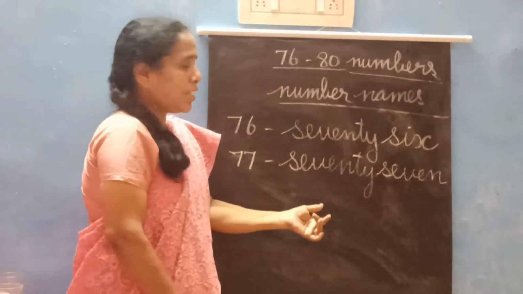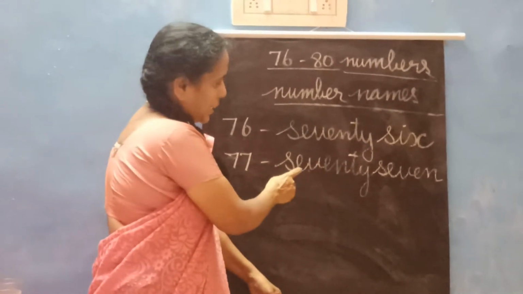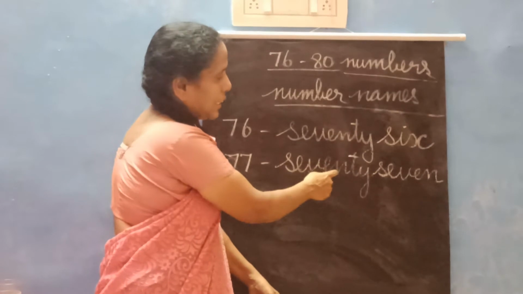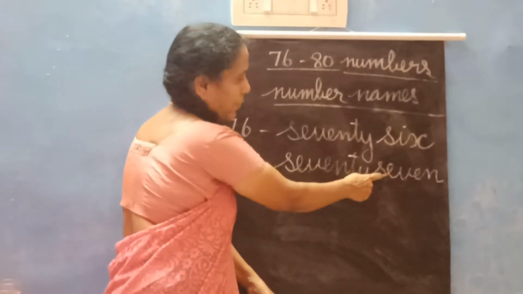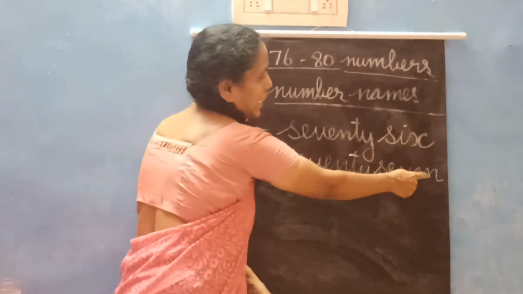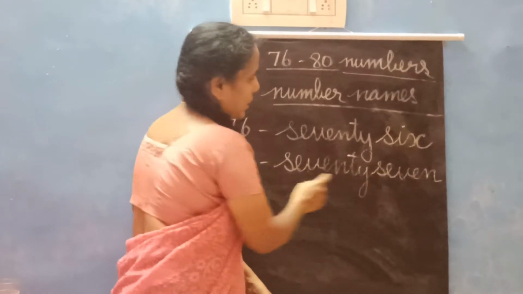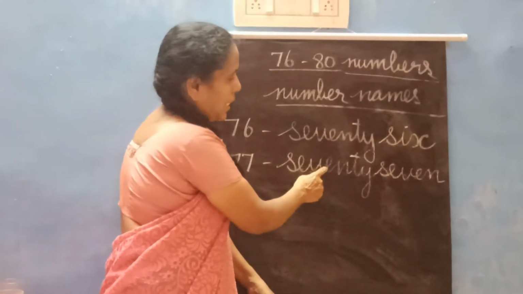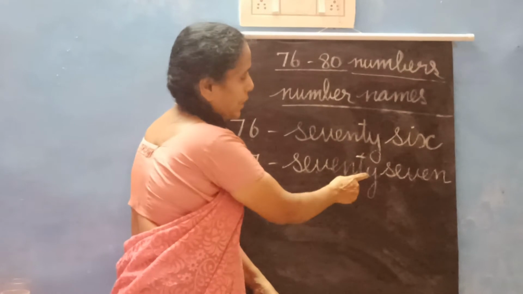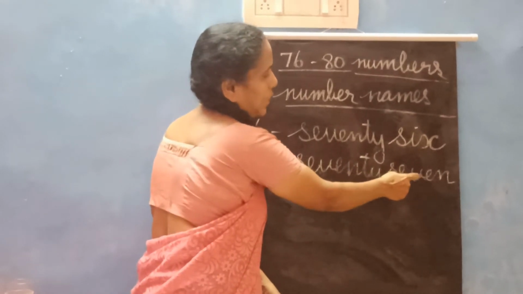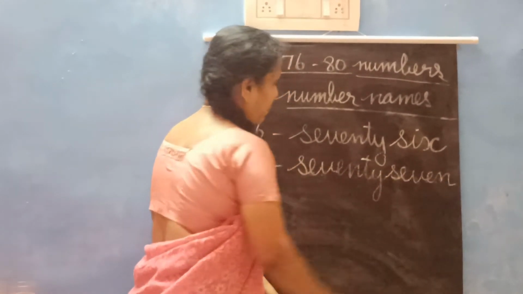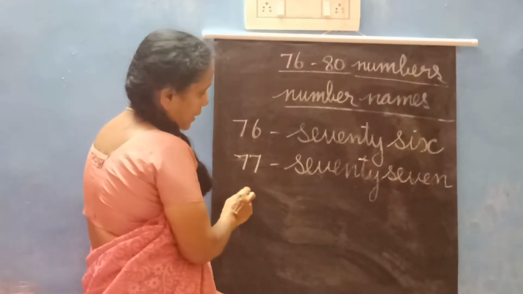Okay, very easy. Seventy-seven. Seven, 77. Next we will see number 78.